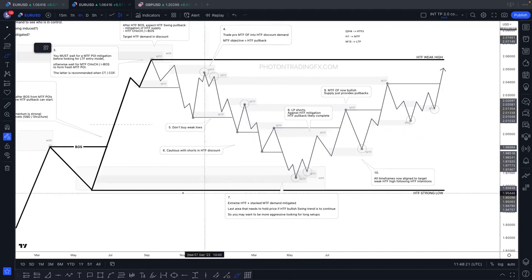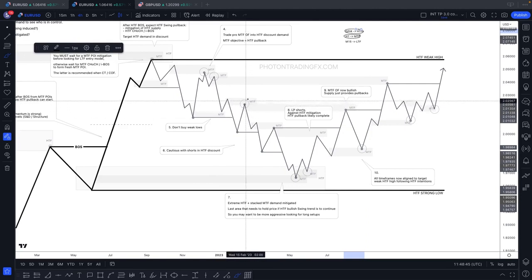Once price mitigates H1 demand again, and by the way, we can have an H1 inside an H4, so that increases the probability if you have an H1 inside an H4 POI, but it's not needed. It's the same as M15. M15 inside H4 increases the probability, but when we are playing this kind of order flow, H4 is not enough.